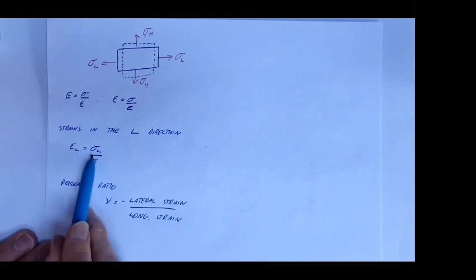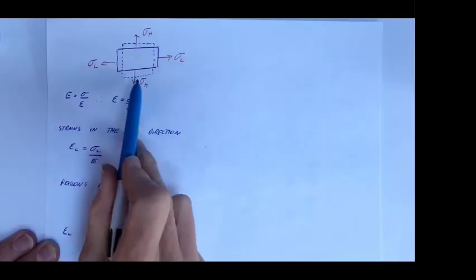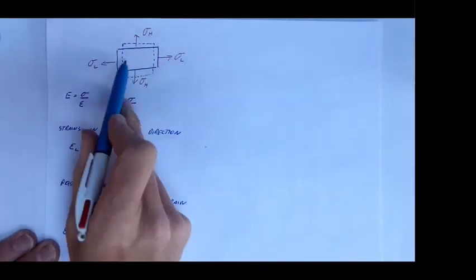So in the longitudinal direction, not only do we have the strain caused by the longitudinal stress, we also have an additional strain in that direction caused by the hoop stress, and that is negative because it's getting smaller.